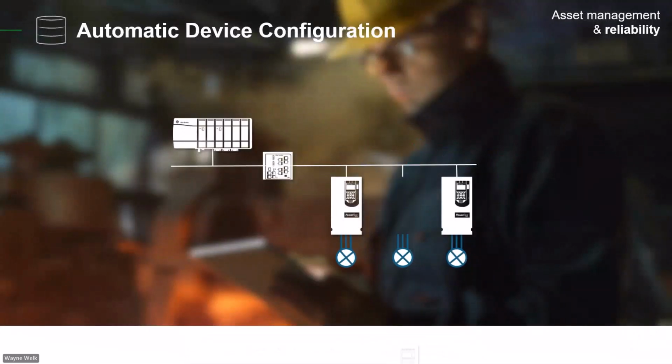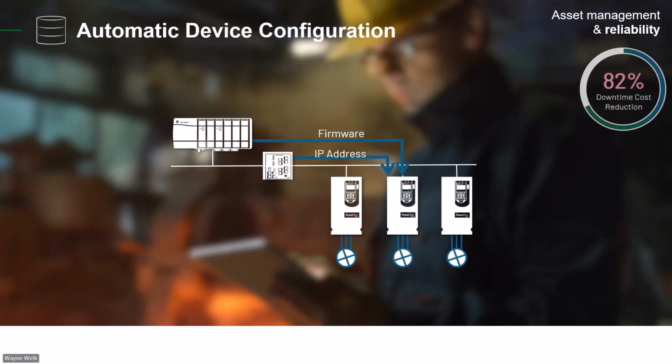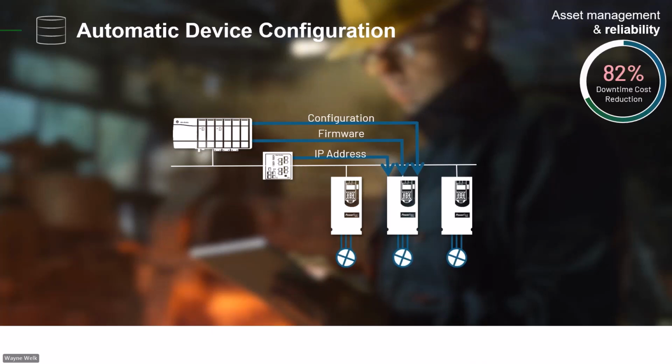So we couldn't talk about intelligent power without talking about automatic device configuration. This has been around for a while, and I think the customers that use it really like it. It's a great way to reduce downtime, especially unplanned downtime. With automatic device configuration, the configuration in that drive and the firmware is actually stored in the controller. So using the AOIs, if a drive does go out, the controller will recognize it.